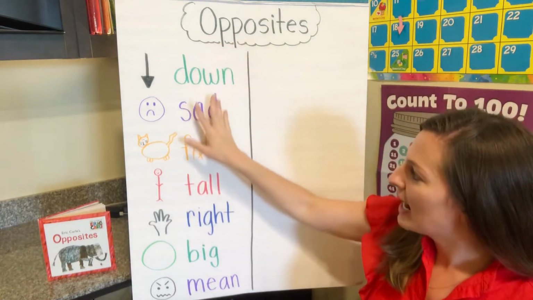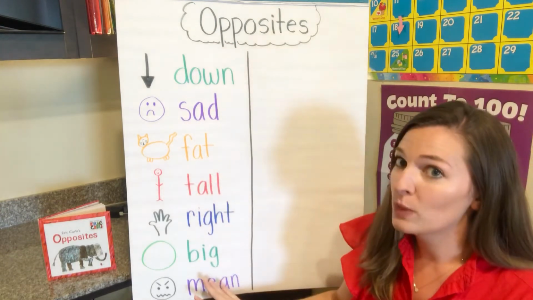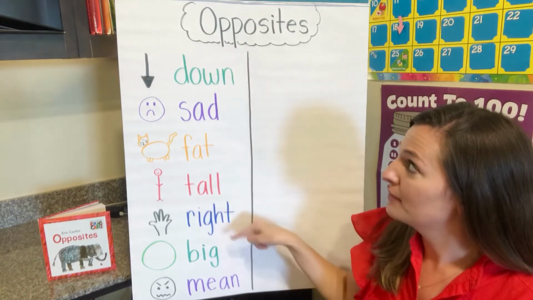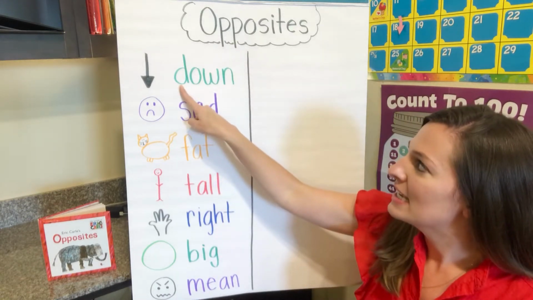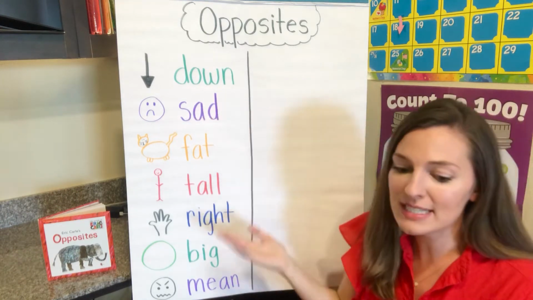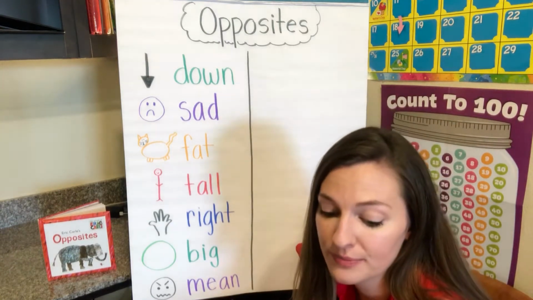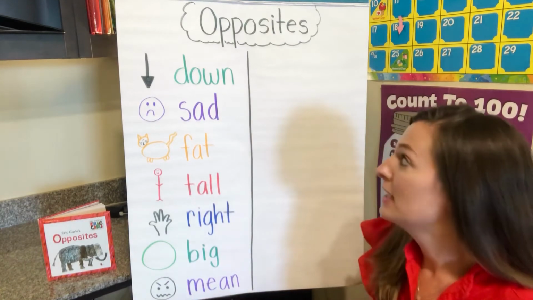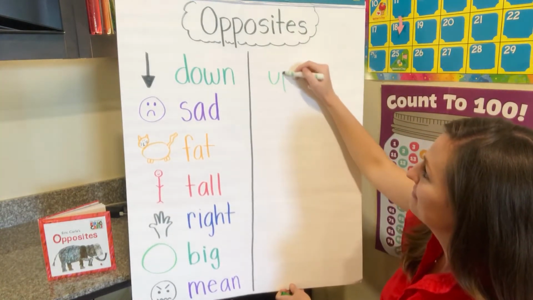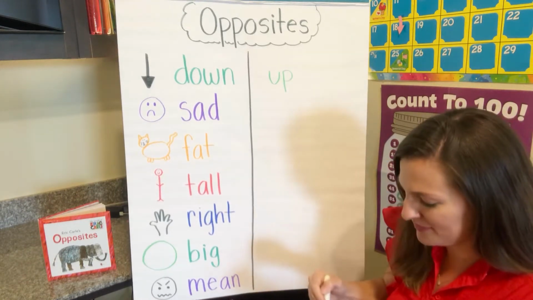So on this side, I have written a list of words, and we are going to find the opposite word for each one. So this is down. What is the opposite of down? The opposite of down is up, right?